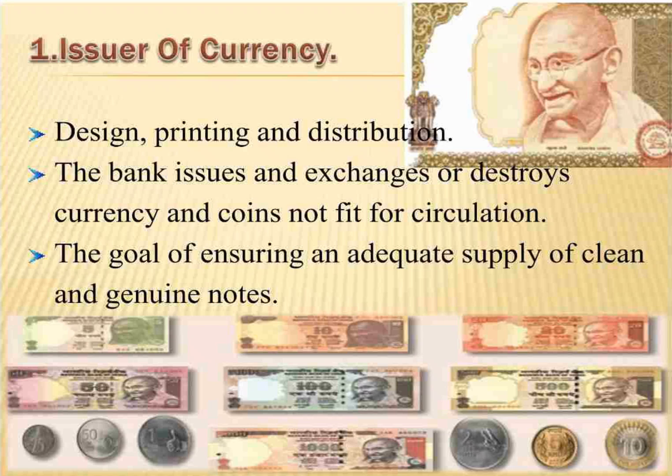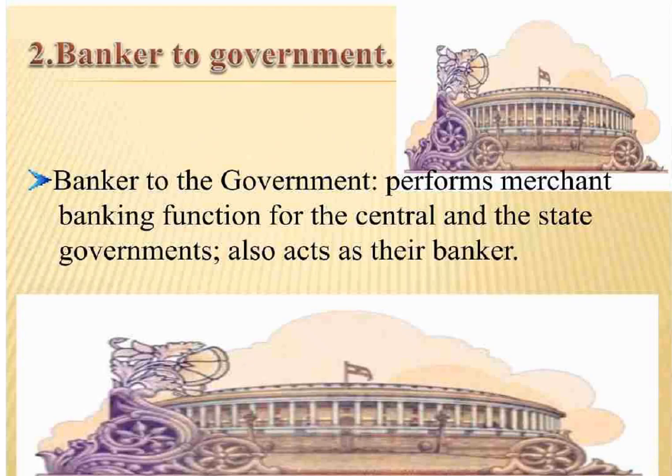By controlling the issue of currency, the RBI also prevents the problem of excess money supply, which can lead to inflation. The next monetary function of RBI is banker to government.